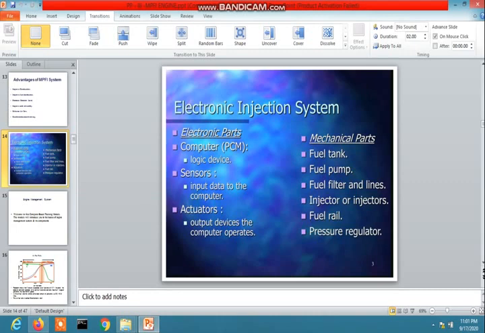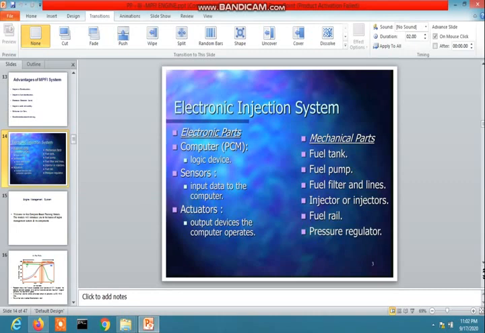The electronic part is the computer, that means ECM, the logic device, that is the electronic control unit, which receives electrical signals in the form of current or voltage from various sensors.